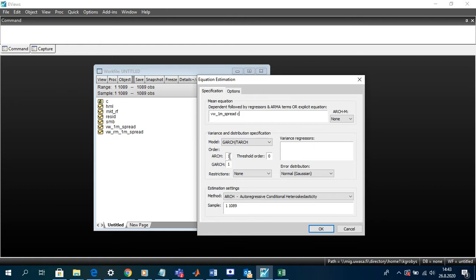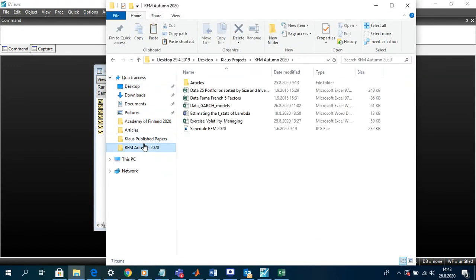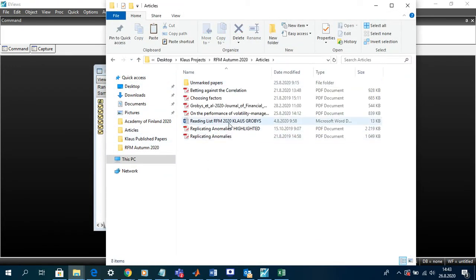So now ARCH parameters, here we have one ARCH. The ARCH parameter is the epsilon squared in the variance equation, and GARCH is the corresponding parameter related to the squared variance of the previous period, conditional on time t minus 1 or time t, depending on your notation. So if we go back, let's open again the corresponding paper.